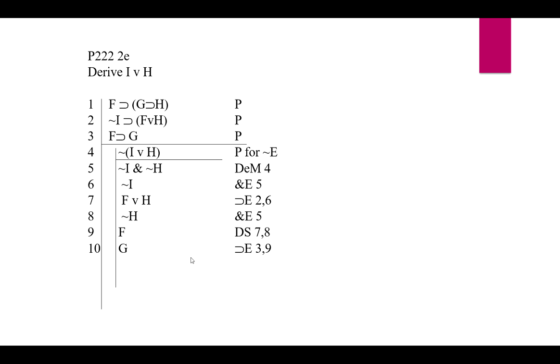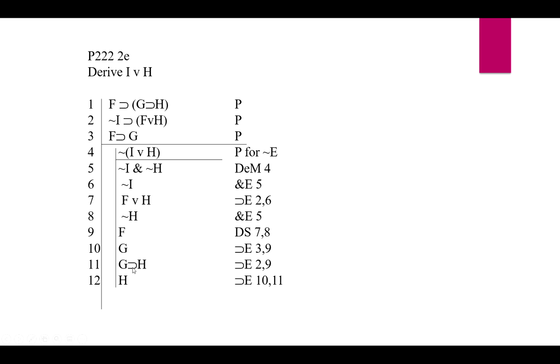So I know I can get G, that's conditional elimination from the premise on line 3, if F then G, and F on line 9. And I can get if G then H, that's the consequent of line 1, where again that antecedent is F. So now I've got G and I've got if G then H, so I can get H by conditional elimination again from lines 10 and 11.